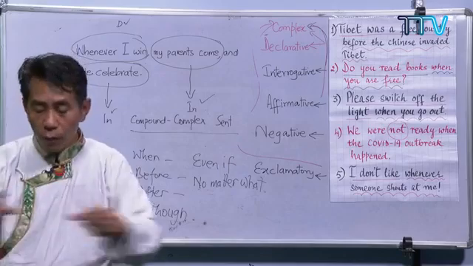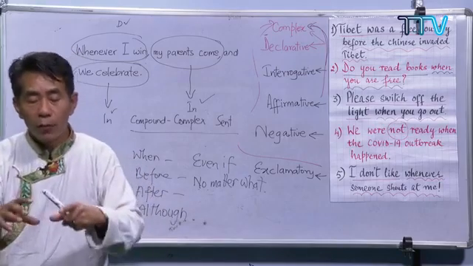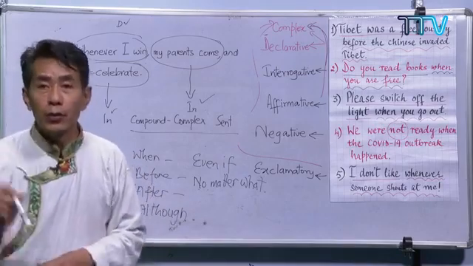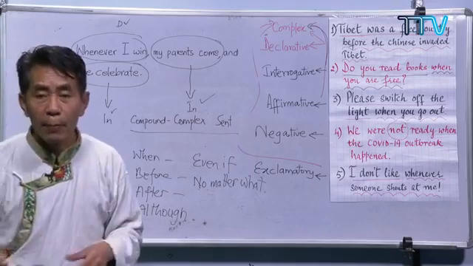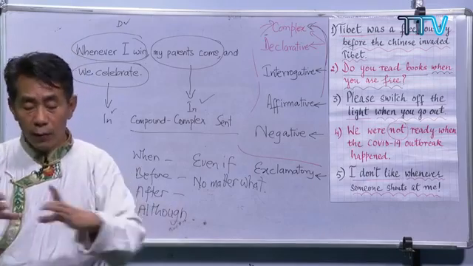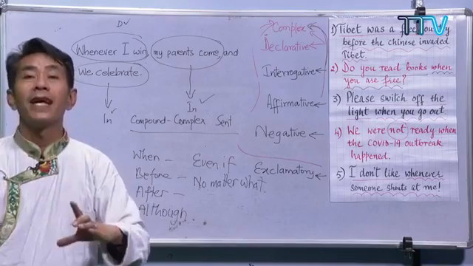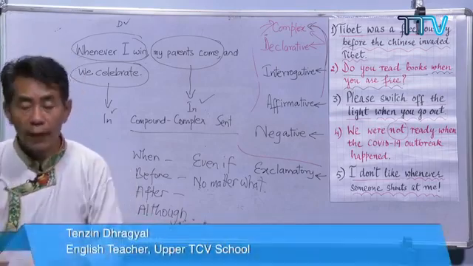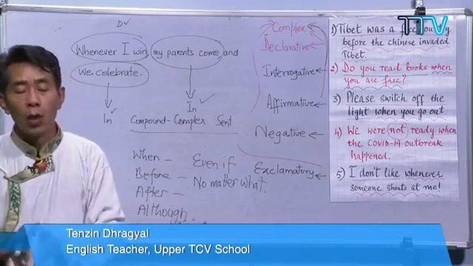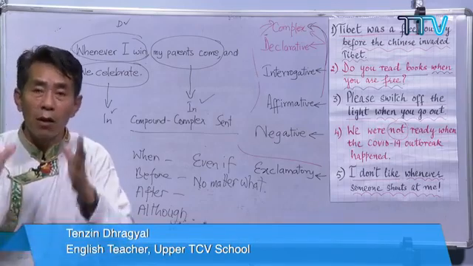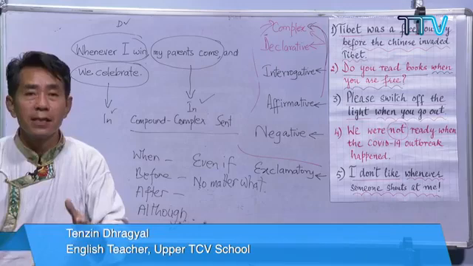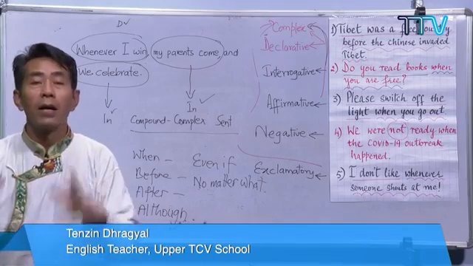And whenever you come across any kind of reading material, I want you to identify. By this time, you will be able to identify. Whenever you find a small piece of any text, try to identify what is a simple sentence, what is a compound sentence, what is a complex sentence, and lastly, what is a compound complex sentence.